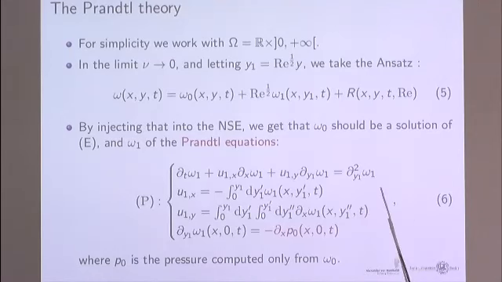It's not so usual to use the vorticity formulation for the Prandtl equations, but in fact, I find it very instructive because you really see here that the only influence of the external flow on the boundary layer is through this tangential pressure gradient at the boundary imposed by the external flow. And the boundary condition at infinity is just omega 1 equal to 0. Decay quickly to 0.